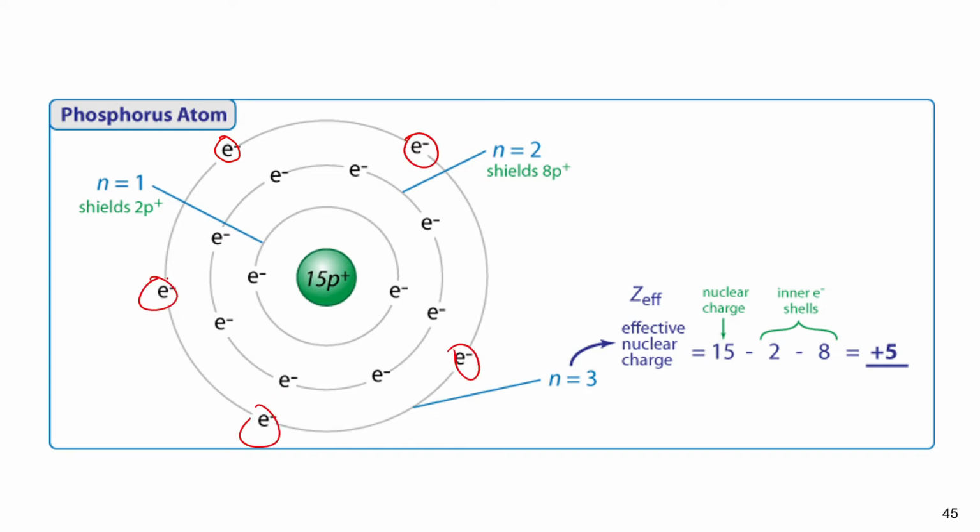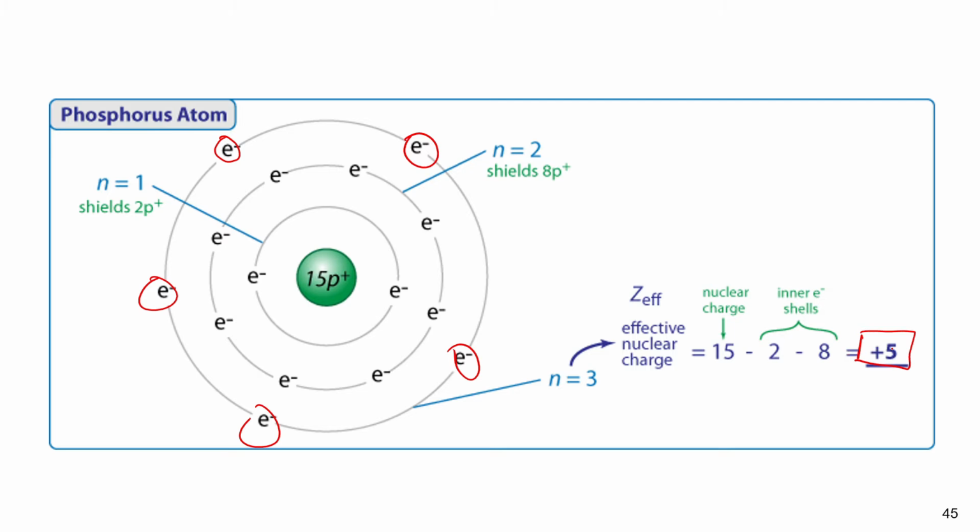The electrons in the inner shell, this one, are 2 plus 8, which is 10. Jadi 15 minus 10 is positive 5. So the effective nuclear charge is positive 5.